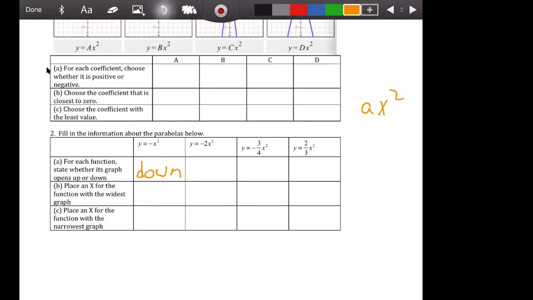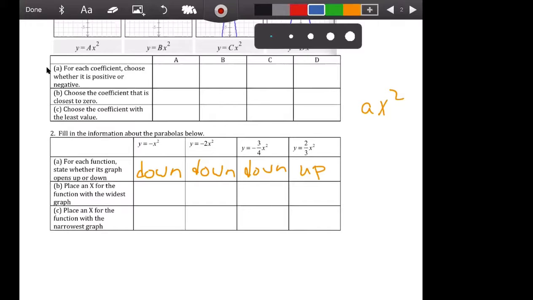There's a -2. So because the A is -2, it's again open down. -3/4. We got a third one that opens down. +2/3. Well, that one obviously is opening up because the A is positive.